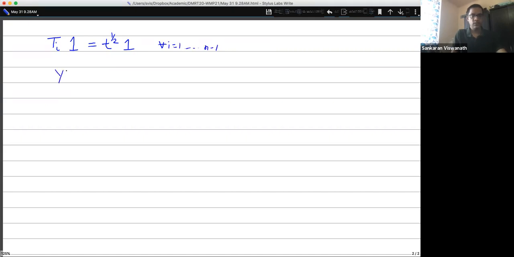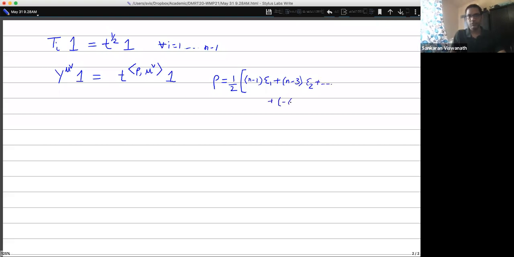The y^mu check acting on 1 is given by t to the rho mu check times 1. Remember, rho is what we call the y vector, half the sum of the positive roots. So this is half of (n-1) epsilon 1 plus (n-3) epsilon 2 and so on, till the last coefficient, which is minus (n-1) epsilon n.